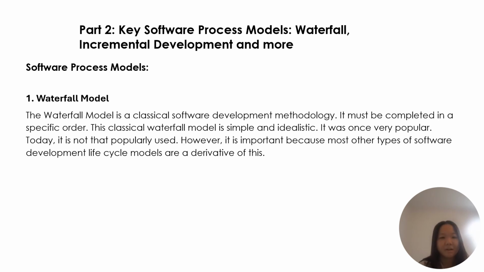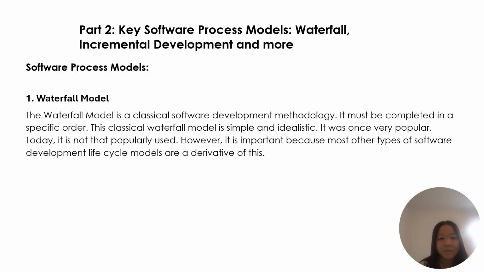There are many software process models, but in this video, I will show the main software process models that are popular. First, I'm going to talk about the waterfall model. What is the waterfall model?